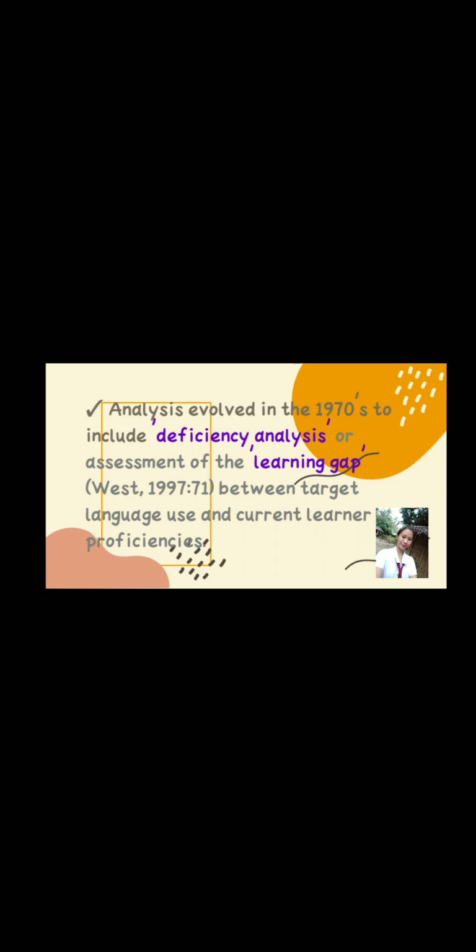Needs analysis is done to find out what language skills a learner needs in order to perform a particular role, to identify a gap between what learners are able to do and what they need to be able to do, and to find out their previous experience in learning English.